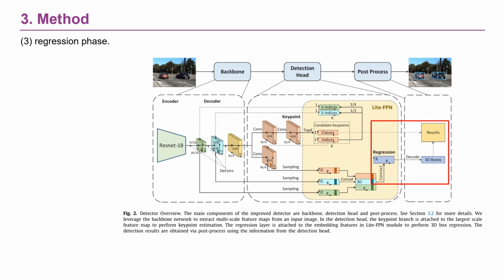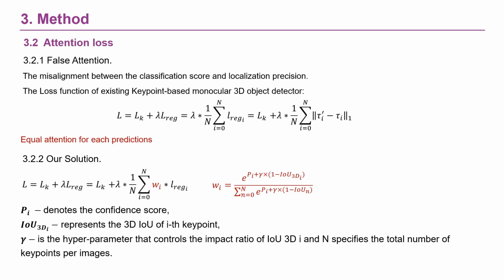Furthermore, owing to the independence between the keypoint branch and regression branch in the training phase, there is a misalignment between the classification score and localization precision.